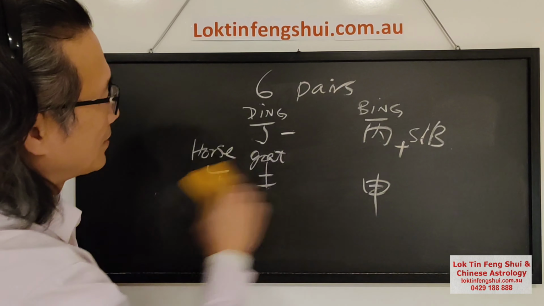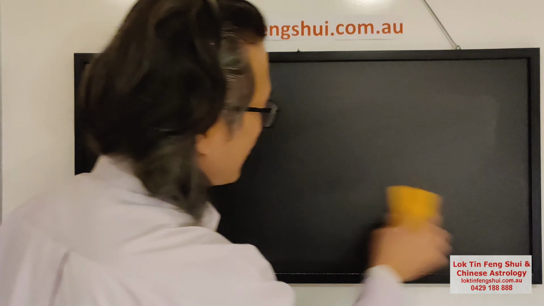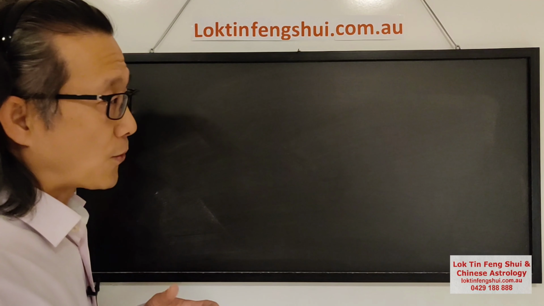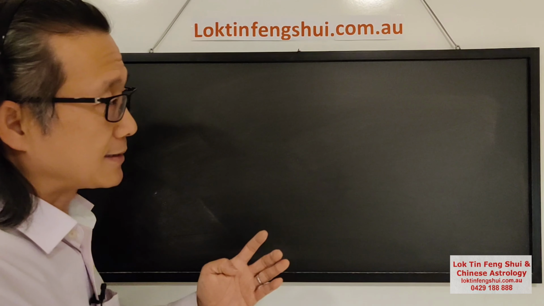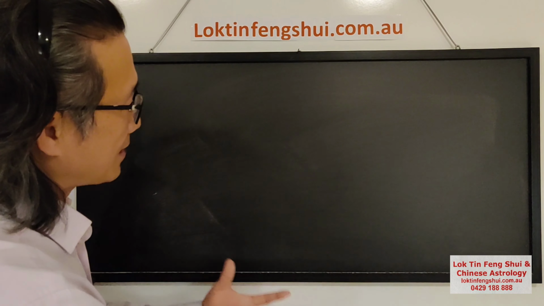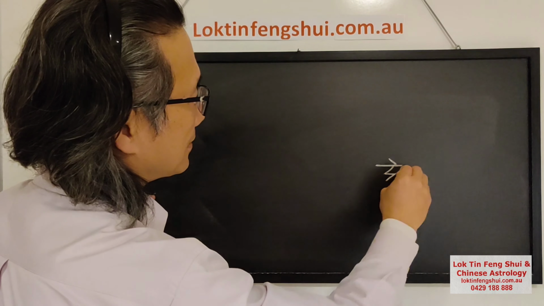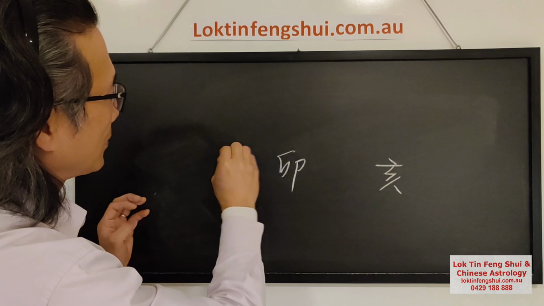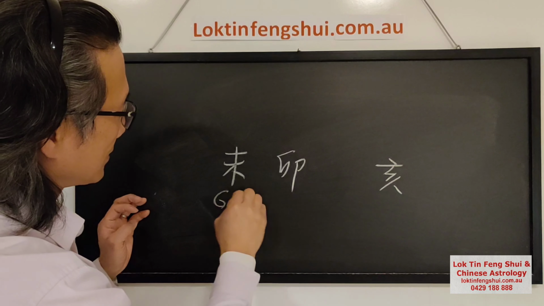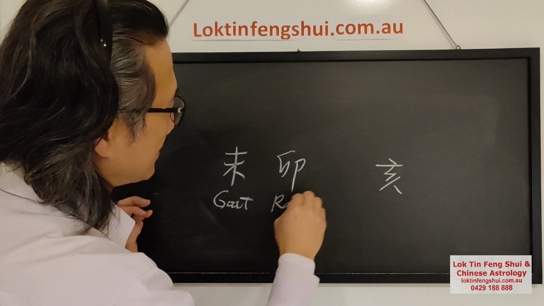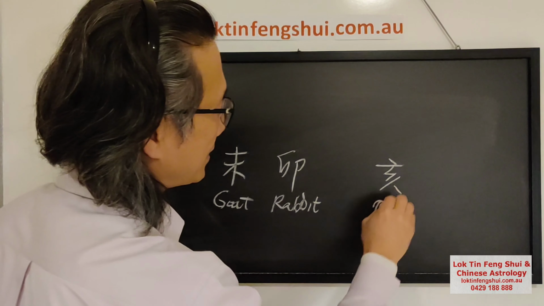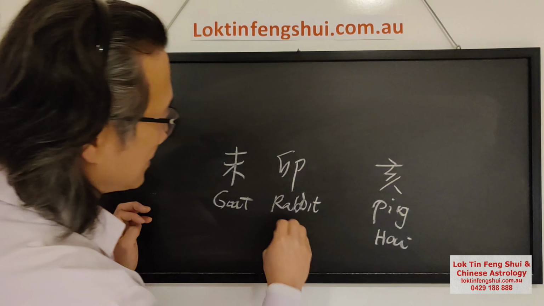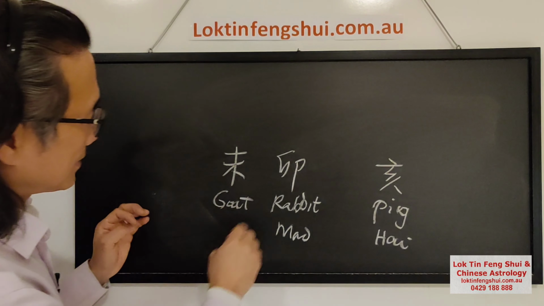And then if you remember, we have the triple harmony, or the wood frame. For example, the pig, the rabbit, and the goat. So that's the goat, that's the rabbit, that's the pig, or that's Hai, that's Mao, and that's Wei.